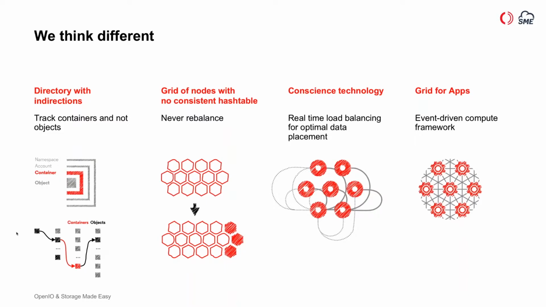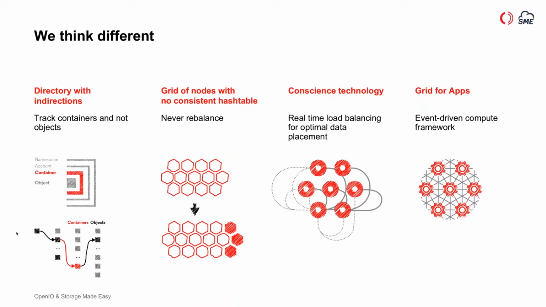At the end, for each single node, we know perfectly what is happening: the capacity used, the bandwidth used, CPU consumption, and so on. So we can decide where to put data at each single moment, and it helps us to balance the data in real time and get the optimal performance for the cluster all the time.